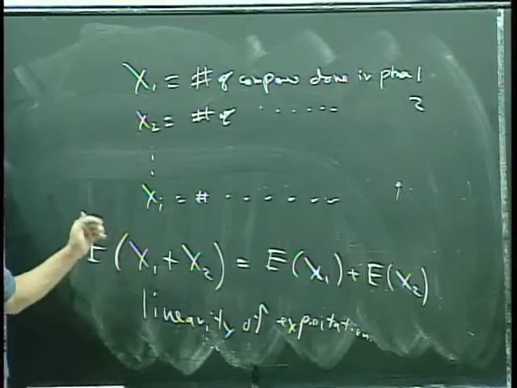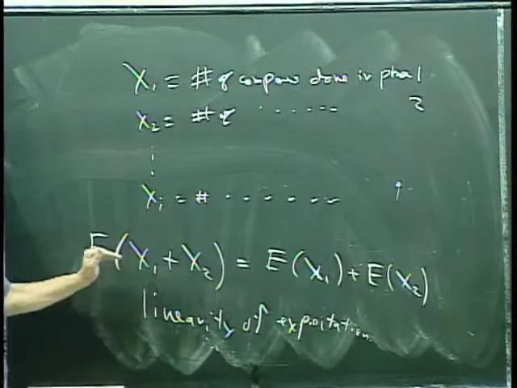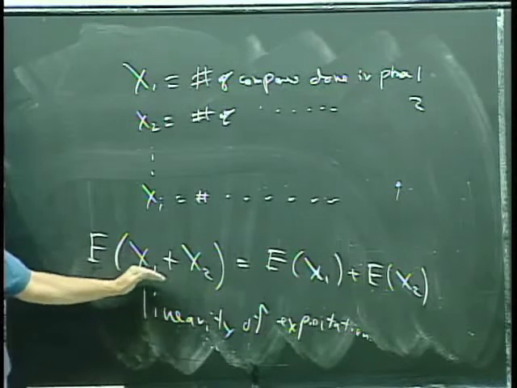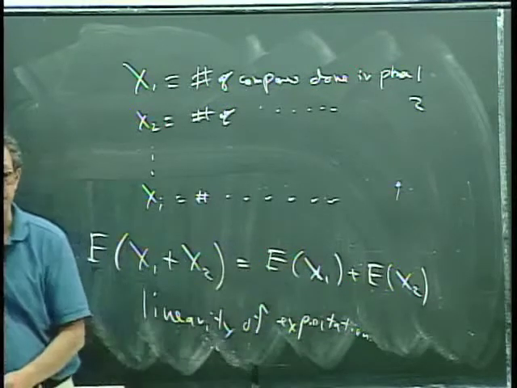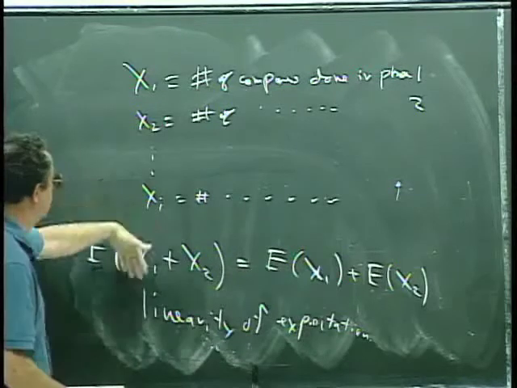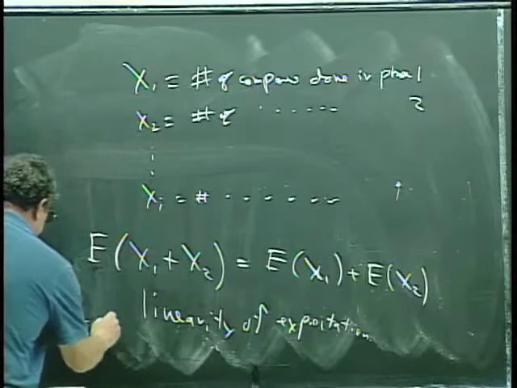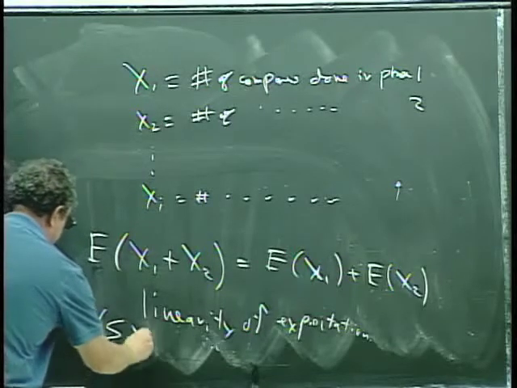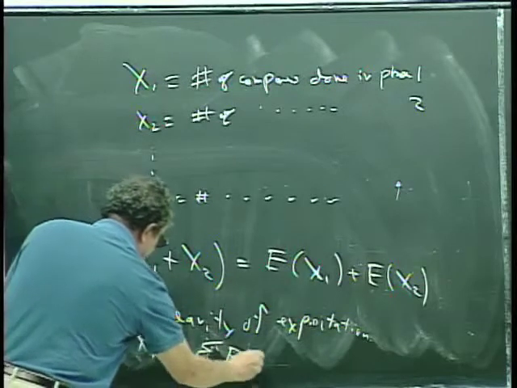And analytically, you can prove that the expected value or the mean of that sum is just the sum of the two means. Okay, and of course it continues. So the expected value of the sum of xi is equal to the sum of the expected value of xi.